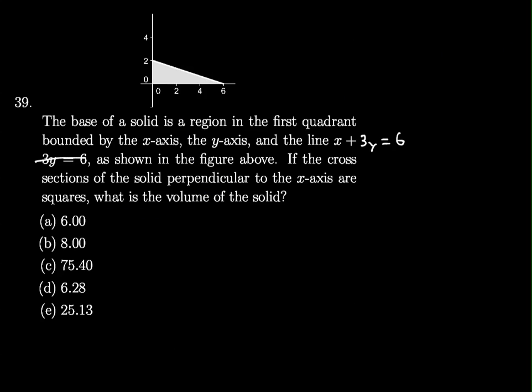Let me see if I can sketch this up for us a little bit. If I drop this on its side so I can try to show the squares coming off of it, we would have a shape that looks like this. I have this triangular base, and coming off of this base will be squares.